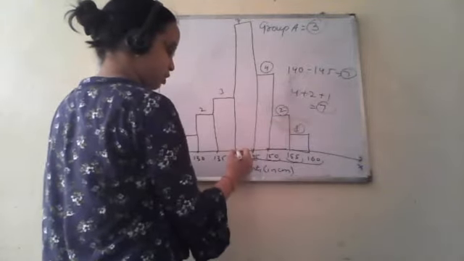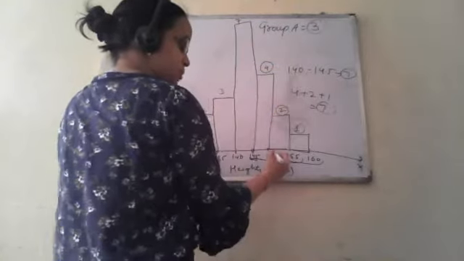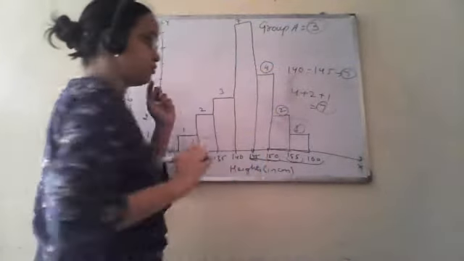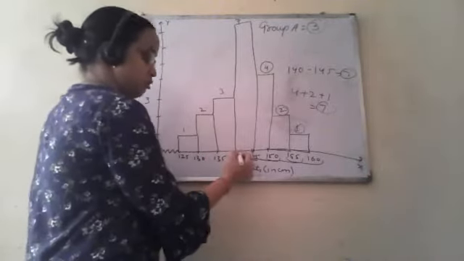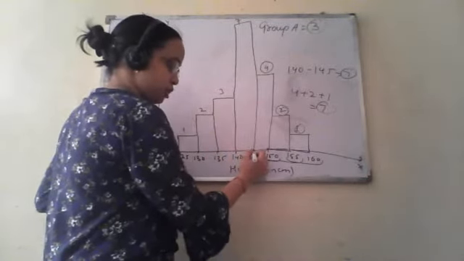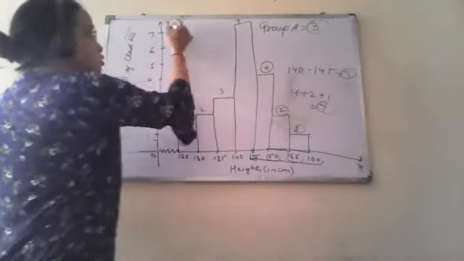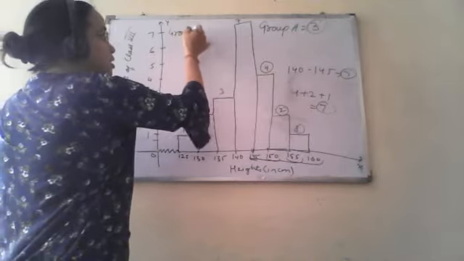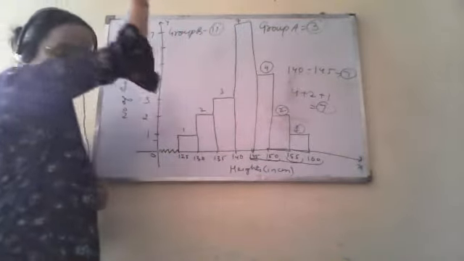This 140, that means this and this value, because this class interval will include 150. So basically group B will have the class intervals 140 to 145 and 145 to 150. How many girls are there? Group B will contain 7 plus 4, that is 11 girls. Clear?